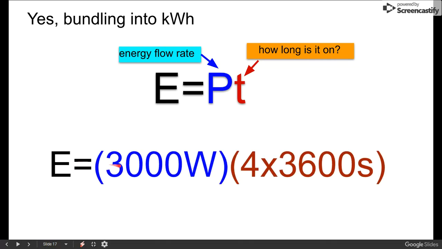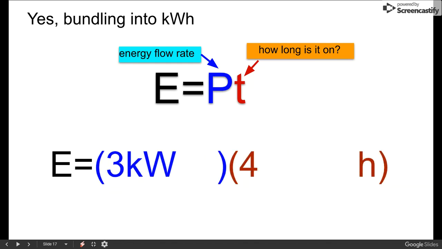So the prior example said 3,000 watts times 4 hours. In the physics classroom, we would leave this in joules per second, which is a watt, and the 4 hours would turn to seconds. But in the industrial or engineering world or in the household world, these numbers are too tiny. The measurements will lead to gigantic answers like measuring your weight in milligrams.